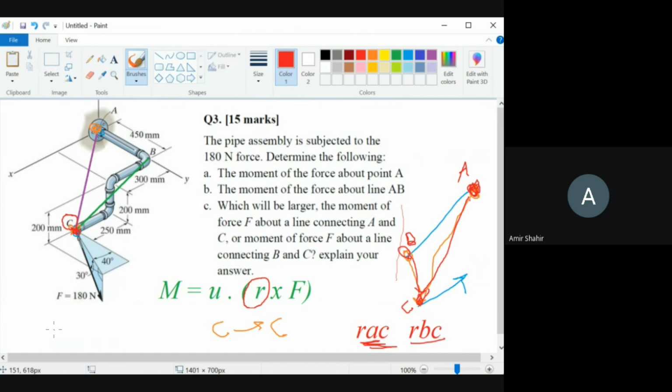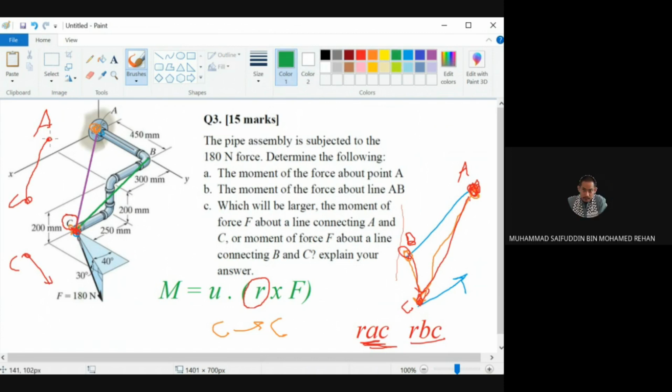I'm a bit confused. Okay, so this purple axis has 2 points, right? Let's say this point A to point C, that's the axis. And of course, if you separate it, the force is acting at point C. So I have two options for my R here.